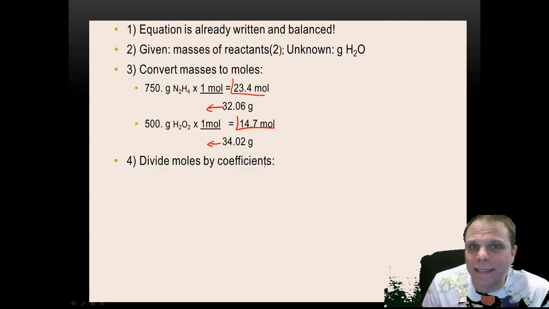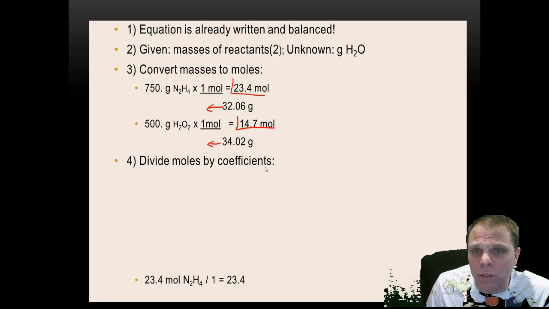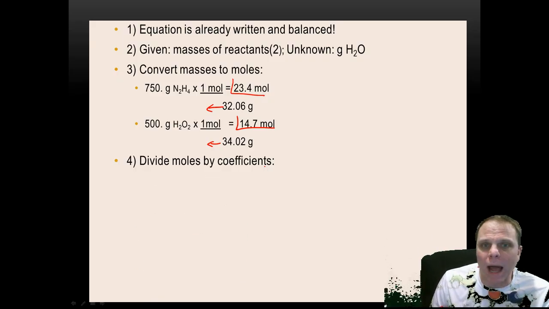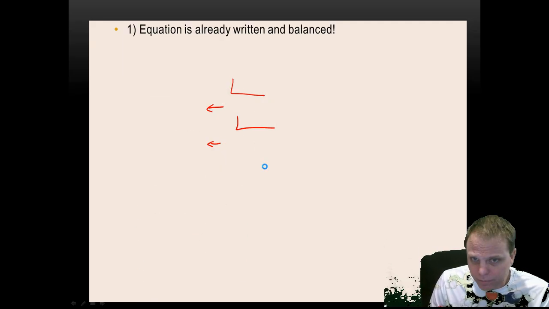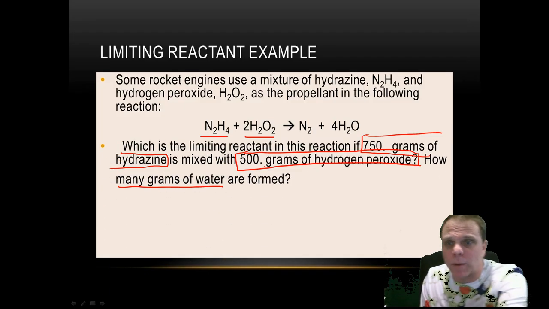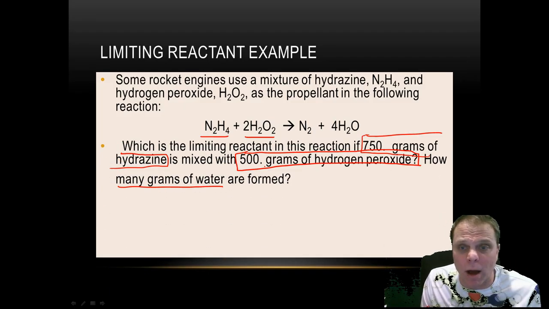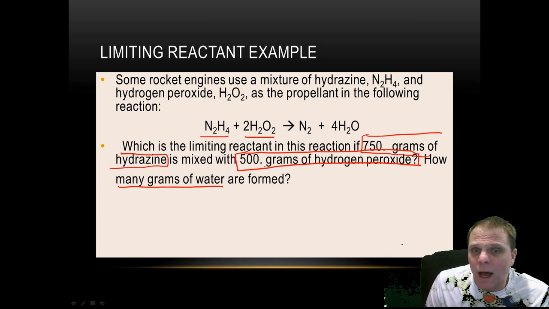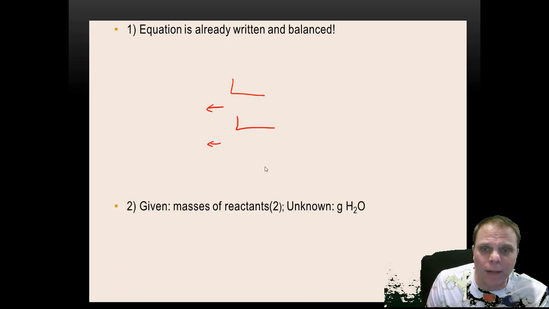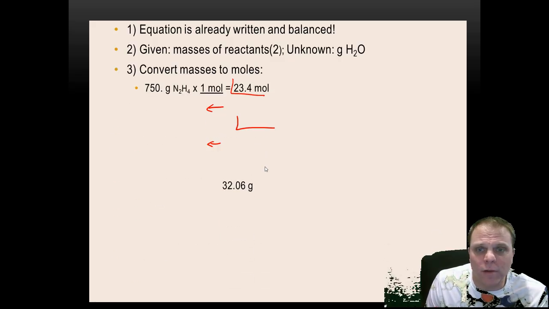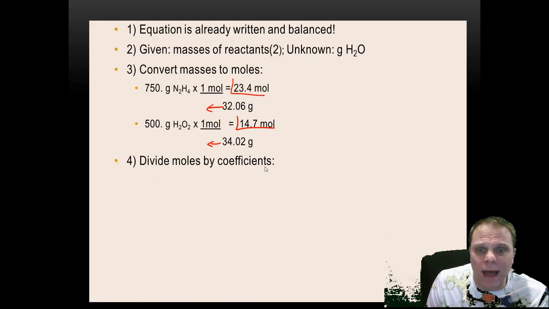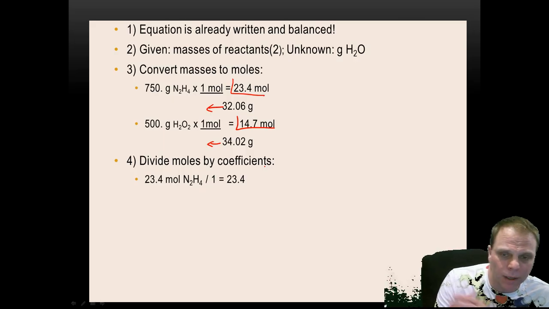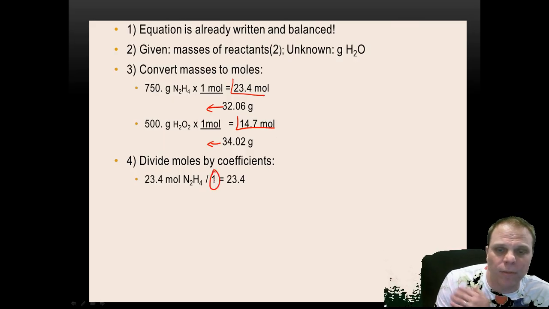Now remember, the shortcut is to divide each of the moles by the coefficient. So if we go back to that balanced chemical reaction, you notice we have a 4 in front of the water, a 2 in front of the H2O2, and a 1 in front of the N2H4, right? So all I have to do is divide the hydrazine moles by 1, because that was the coefficient in front of my hydrazine.